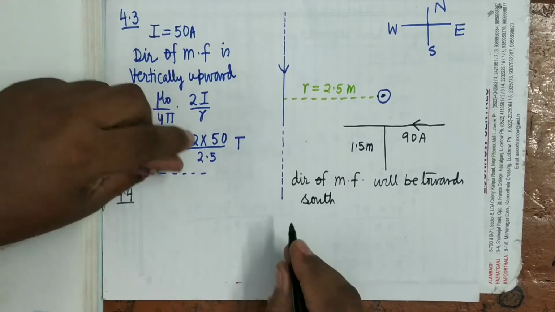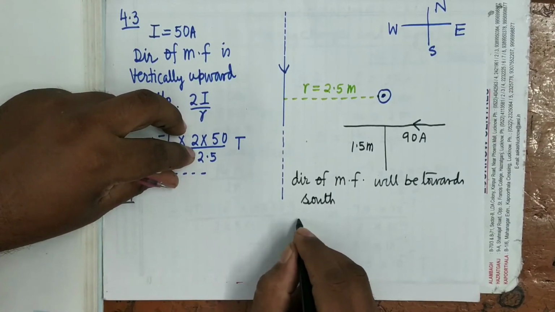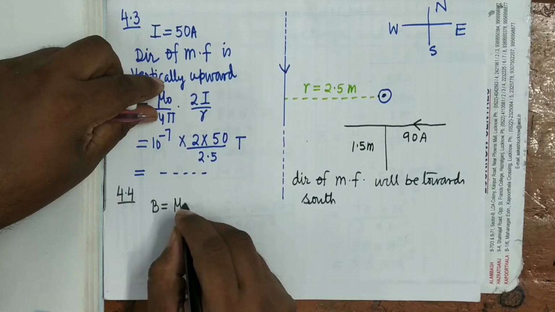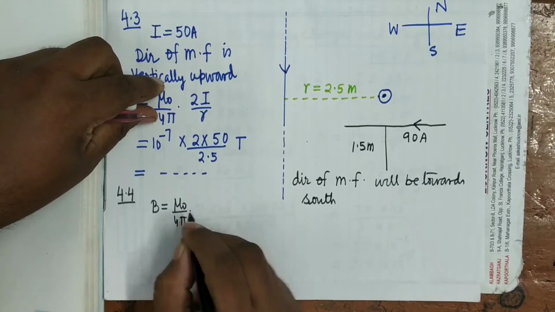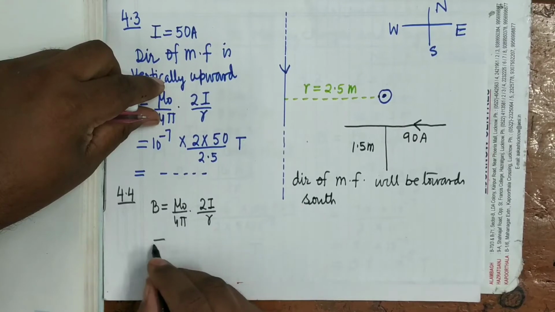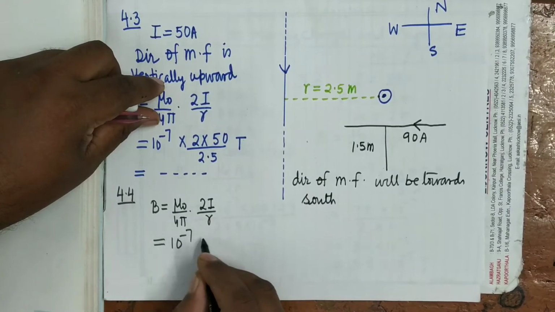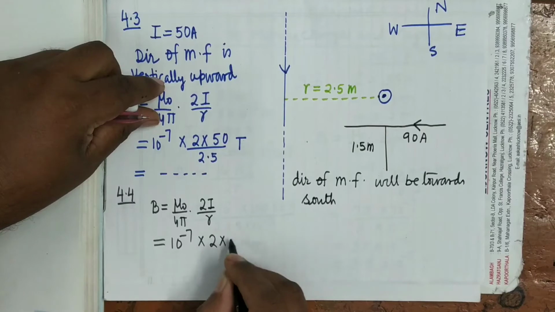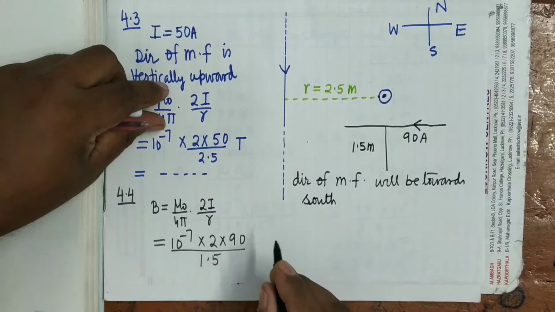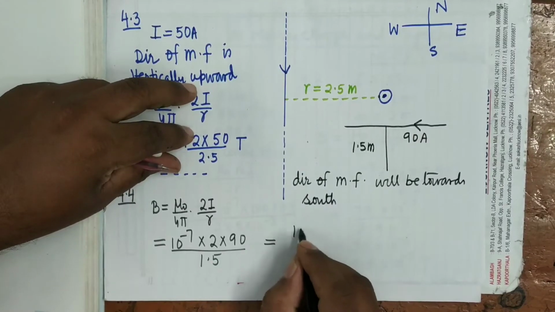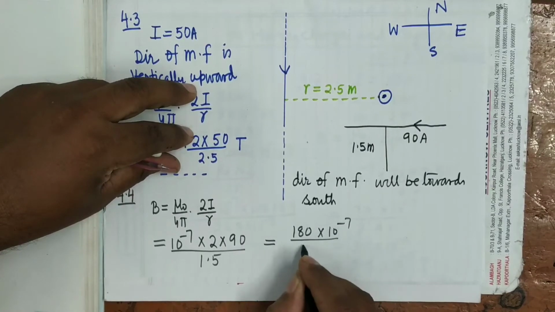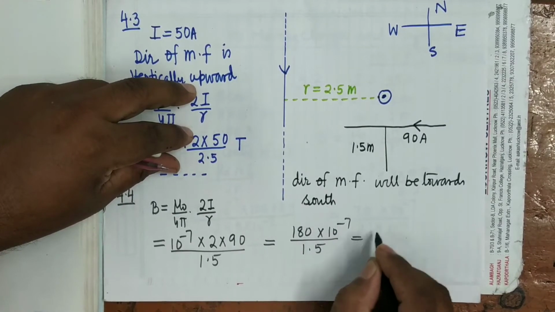What will be the magnitude? You can find it here. B equals mu naught upon 4 pi, 2I upon R. When you substitute the values, it is 10 power minus 7, 2I is 90, and R is 1.5. So it is 180 into 10 power minus 7 upon 1.5.